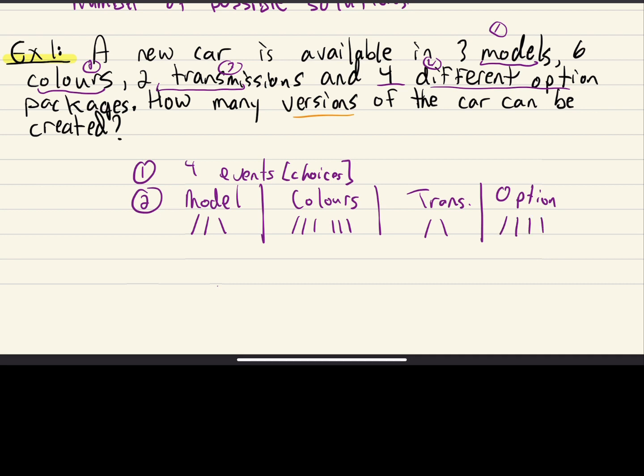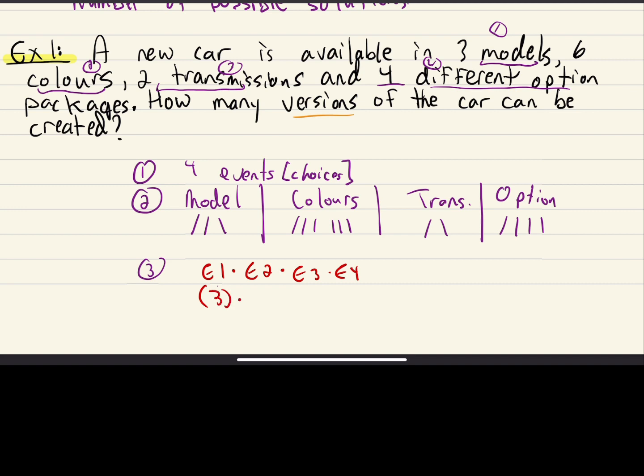So then, for the third portion, remember, you isolate how many events there are, then you're going to multiply them by each other. So I got event 1 multiplied by event 2 multiplied by event 3 multiplied by event 4. My event 1, or the model, can expand into 3.